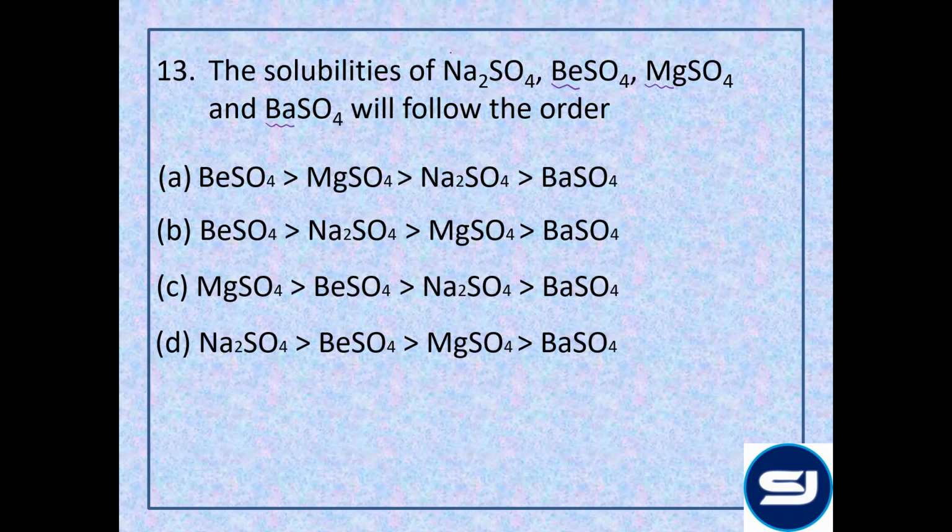अब इफ आई टॉक अबाउट Na2SO4, ये अल्कली मेटल का सल्फेट है. Now in general, alkali metal sulfates versus alkaline earth metal sulfates, which is more soluble?